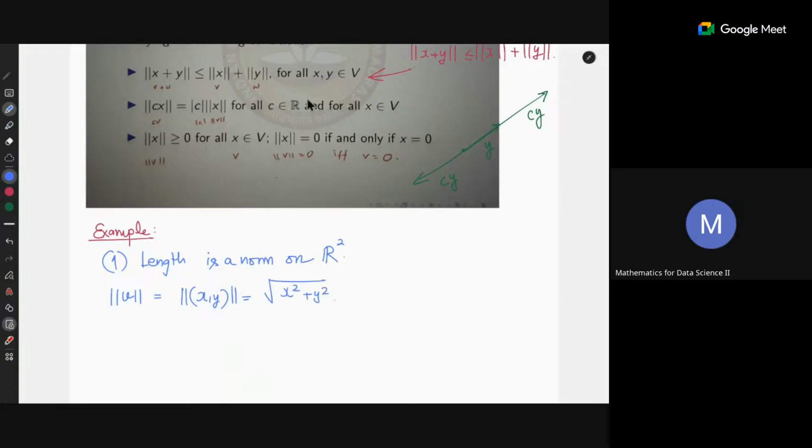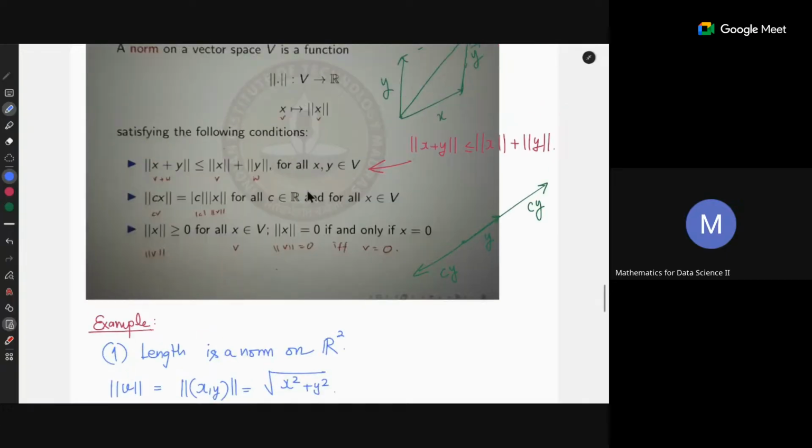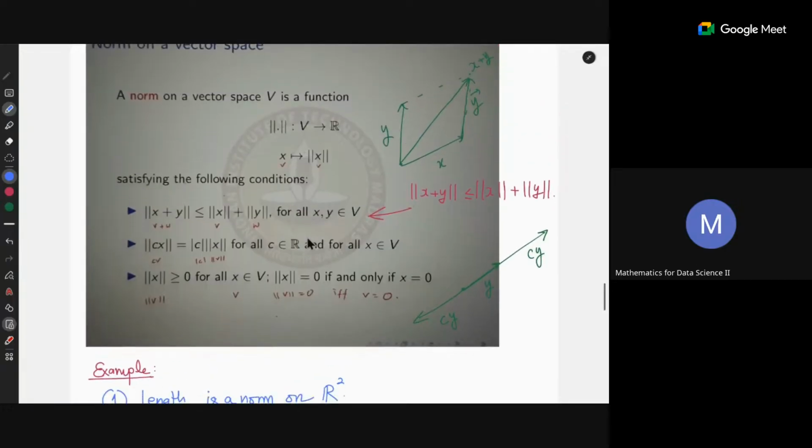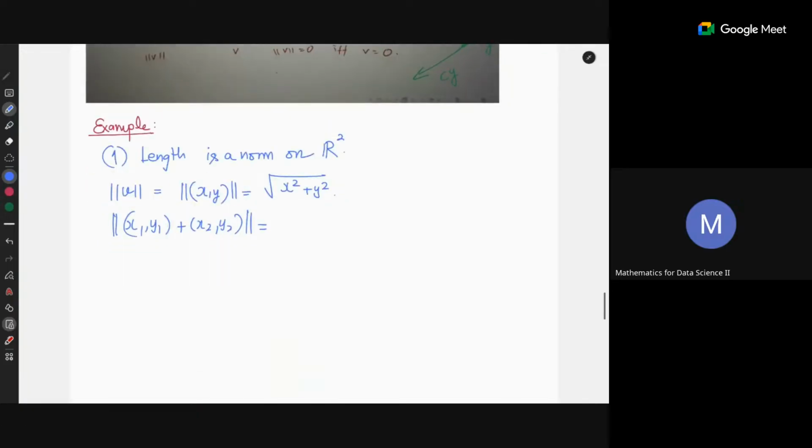The first condition can be checked if you take two vectors (x1, y1) plus (x2, y2) and you take their norm. Then again by the parallelogram drawing, you can quickly tell that this will be smaller than the sum of the individual norms.